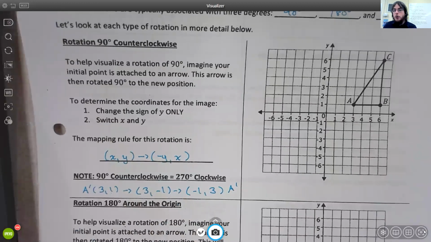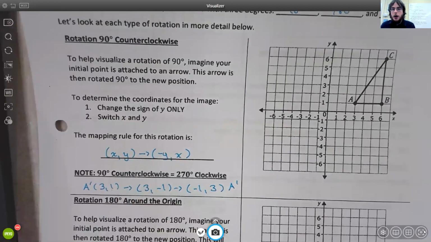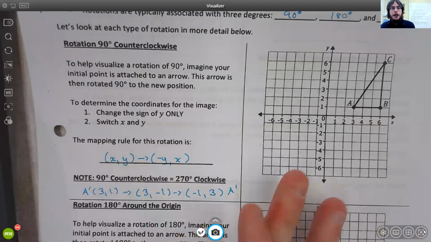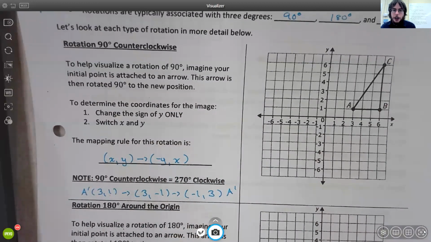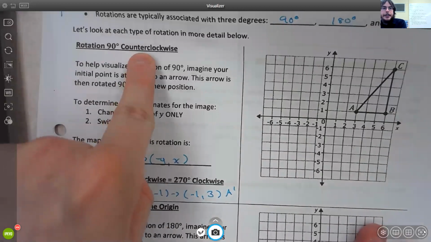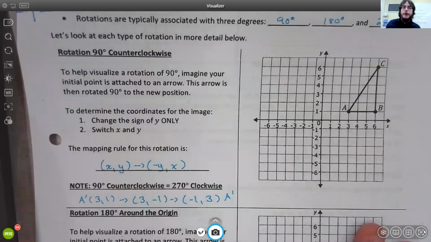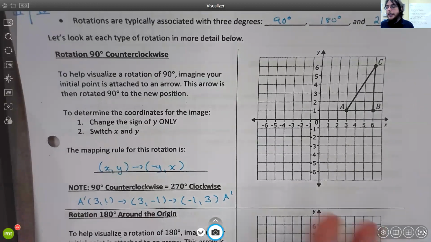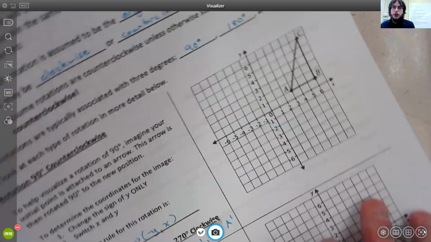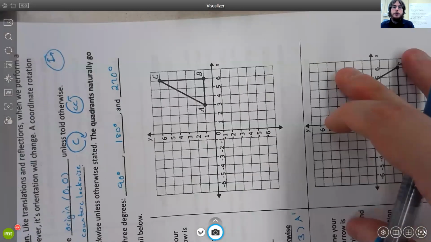Now there's an easier way if you have them physically on your paper or you have them drawn. You can actually physically turn your paper in a 90-degree rotation or 180 or whatever else. Now the important thing is getting the direction right. So if it says counterclockwise, a 90-degree counterclockwise is 1 turn 90 degrees to the left, like so.